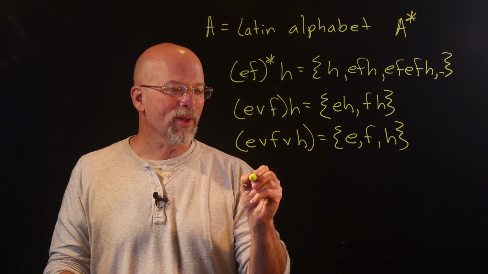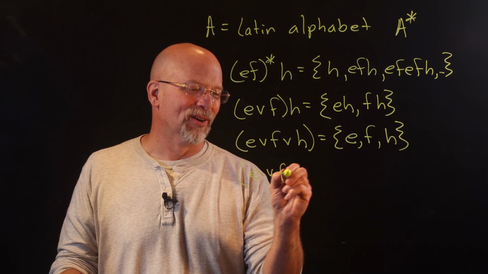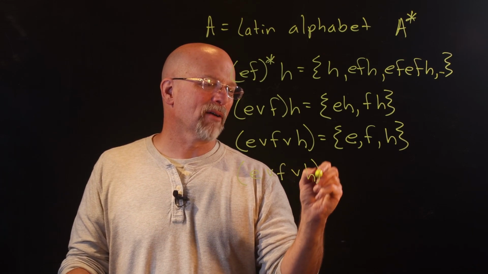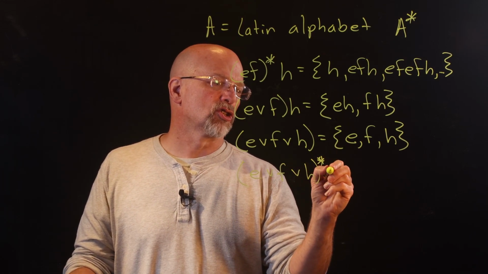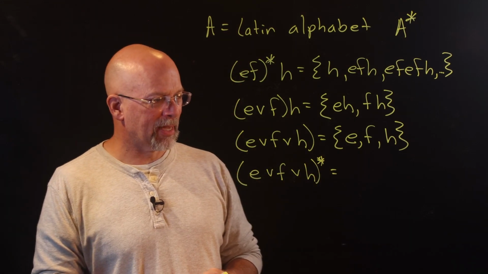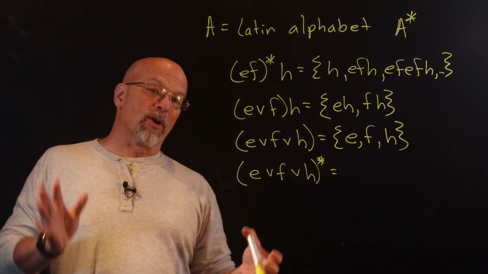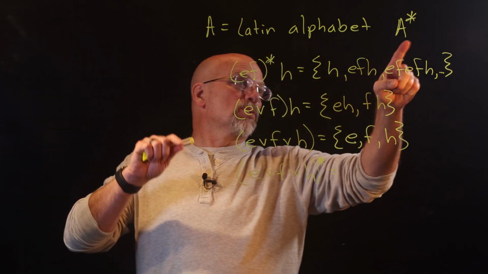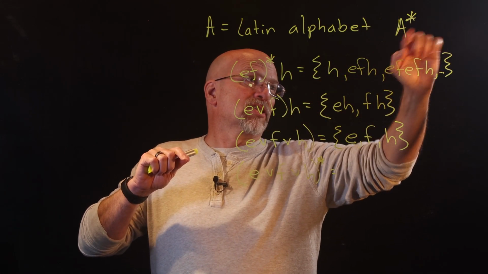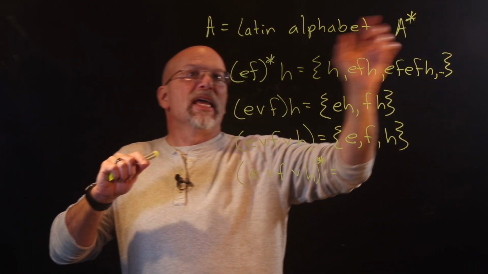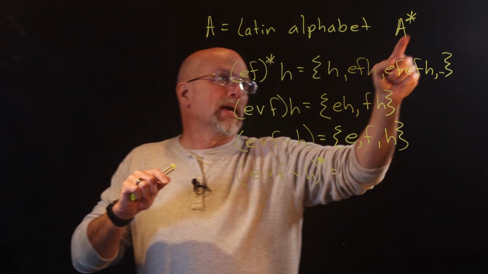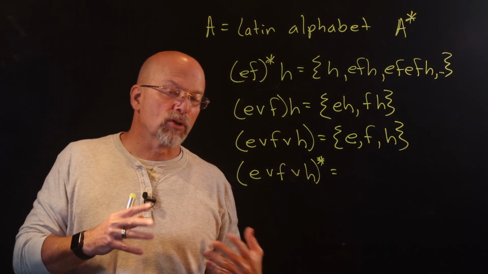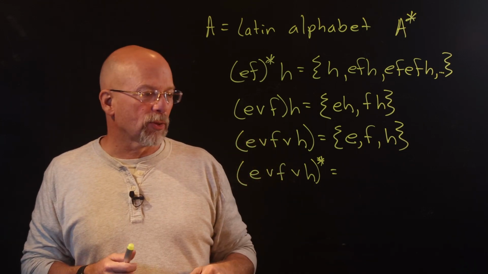But what if we make this even fancier? How about E or F or H star? Okay, now this is where things get a little bit complicated. And in fact, what we did was we said, I've got this A star. If A is the Latin alphabet, A star is every possible string you can come up with for that particular alphabet.